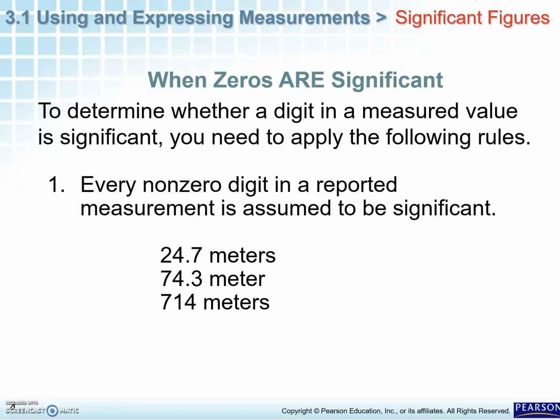Anything that is not a 0 is considered significant. 24.7: all of those are significant, so this number has 3 significant figures. 74.3, same thing: there are 3 non-zero digits, so you have 3 significant digits. 714 also has 3 significant digits, even though there's no decimal point.